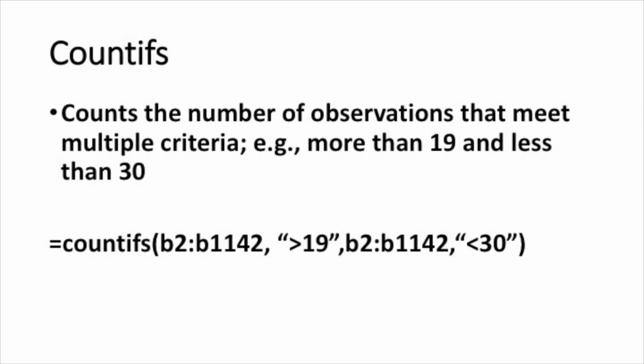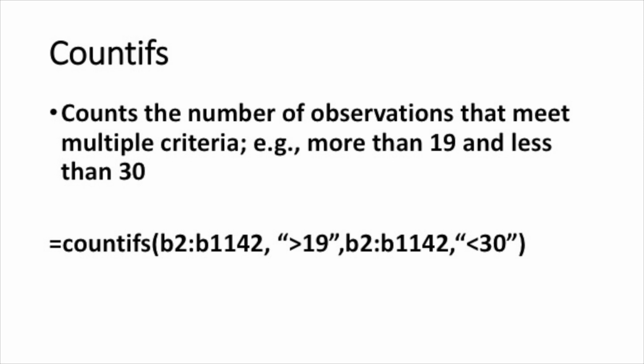We'll also use the COUNTIFS formula, and that counts the number of observations that meet multiple criteria. So for instance, we might want to know the number of observations where the value is more than 19 and say less than 30.